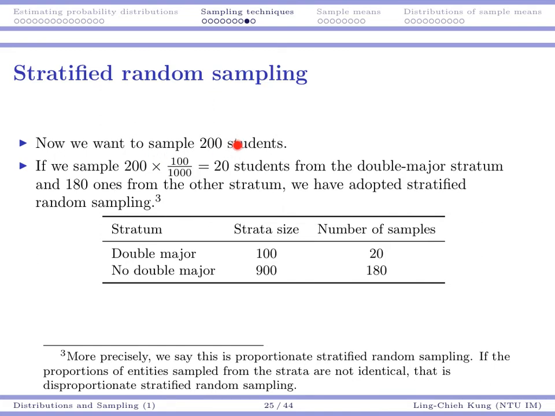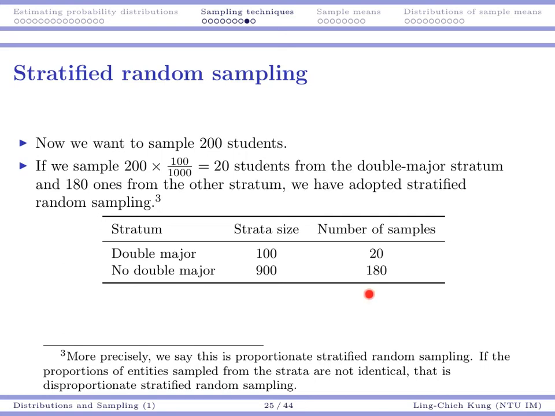And then, given that we want 200 students in total, in the most typical way, we're going to sample a few students from each group, and the number of students collected from each group is proportional to the size of that group. Like for the double major group, because it contains 10% of the whole population, then I'm going to make 20 students in my sample with double major because that also counts for 10%.